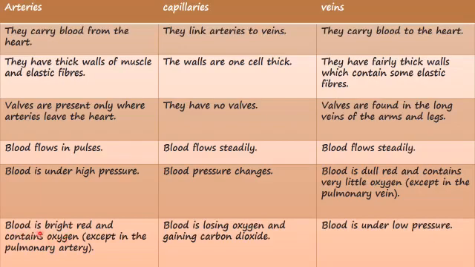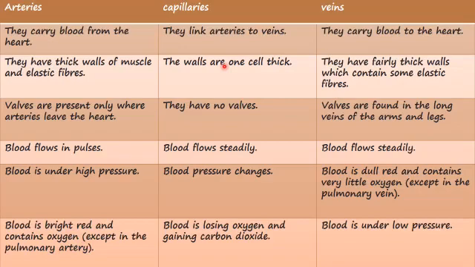So blood is bright red and contains oxygen except in the pulmonary artery, because we have discussed so many times that the pulmonary artery is the only artery that will act like a vein. Veins always carry deoxygenated blood. So that's why all arteries have bright red blood except the pulmonary artery.